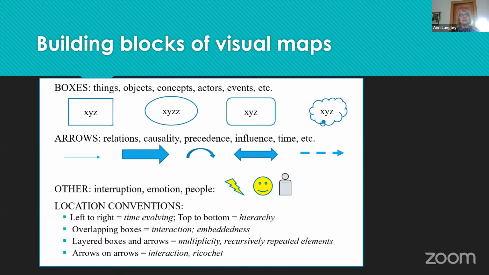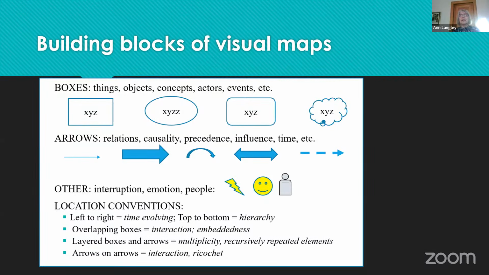Boxes can be objects, concepts, actors, or events. Depending on the shape of the box, you can code whether your event is, for example, a decision, or an event that just happened externally. So you can use the forms of boxes to indicate different things.